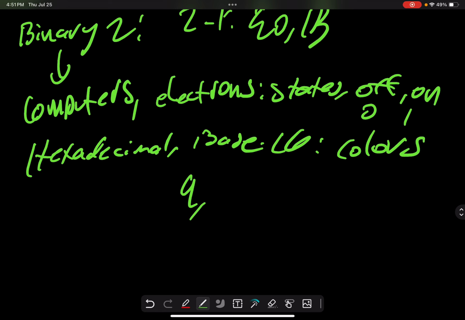So you actually use A to represent the value of 10, and you go up to the idea of 16.